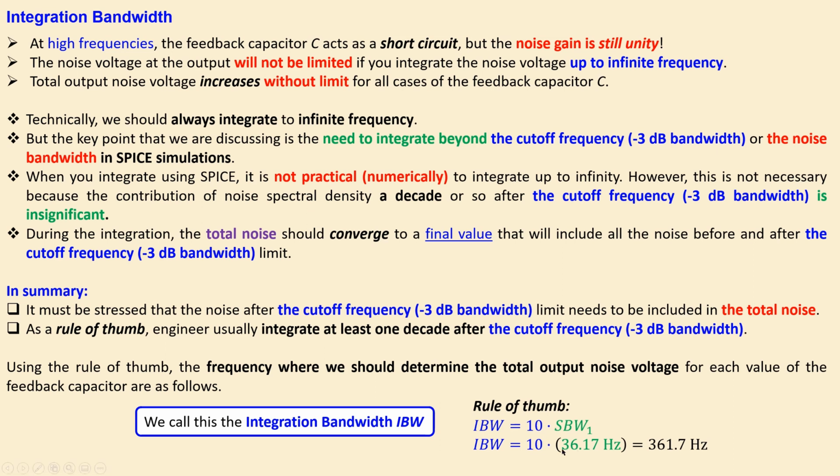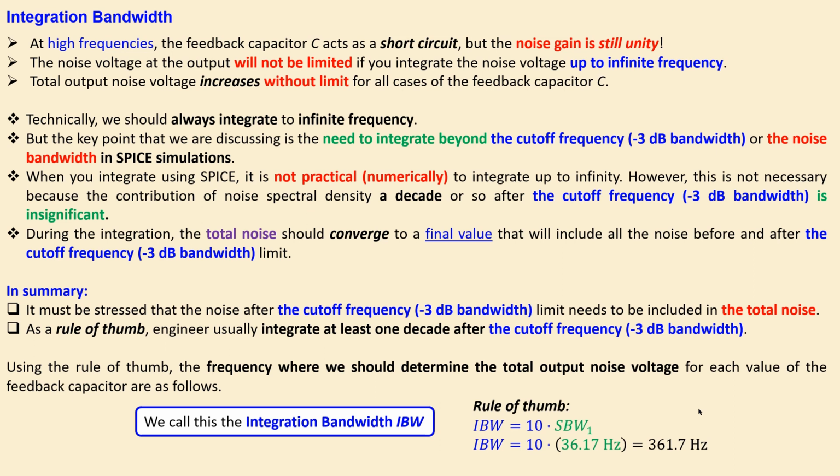That is actually 36.17 Hertz or 36.2 Hertz. If you multiply by 10, you will get 361.7 Hertz. That is the frequency where we need to check our total output referred RMS noise voltage. So that is important to consider.